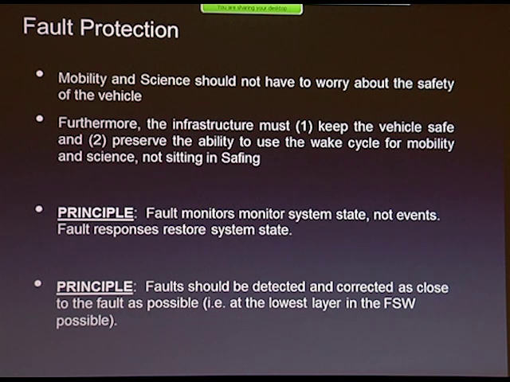Okay, so we're still trying to preserve the ability to do science and mobility, but we actually are conceding that we need to give up some wake cycles because something really bad has happened. Let's have the ground come in and try and figure out what's going on.